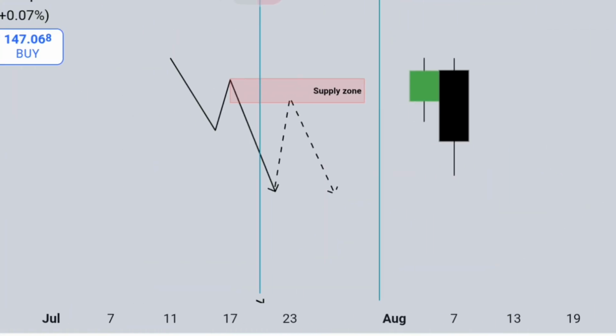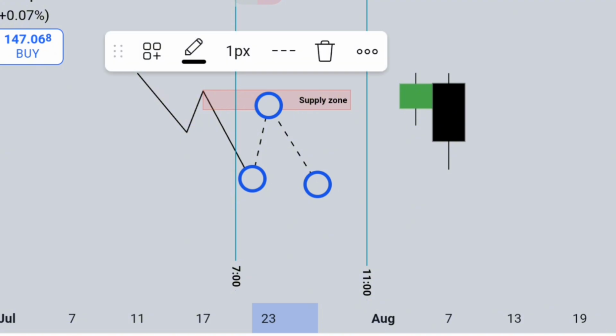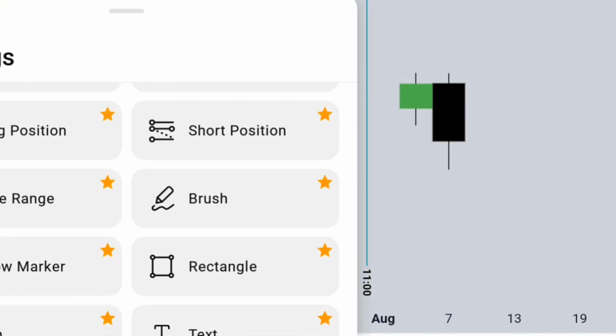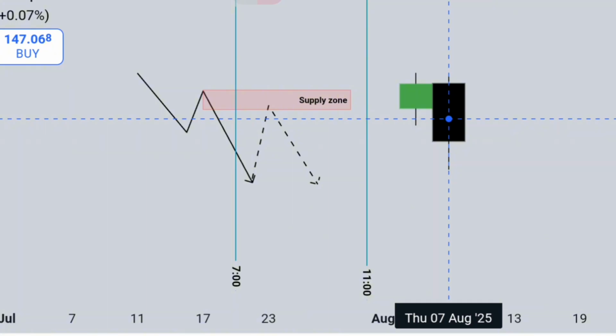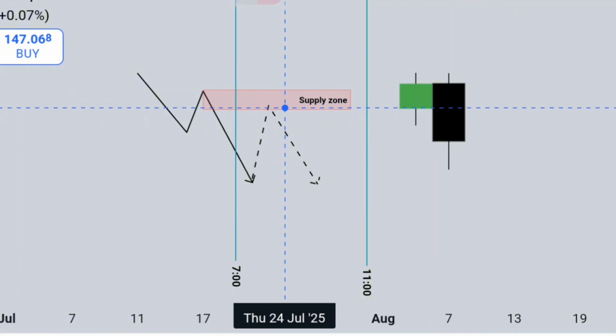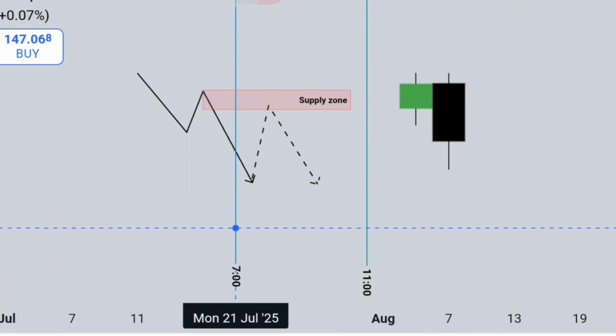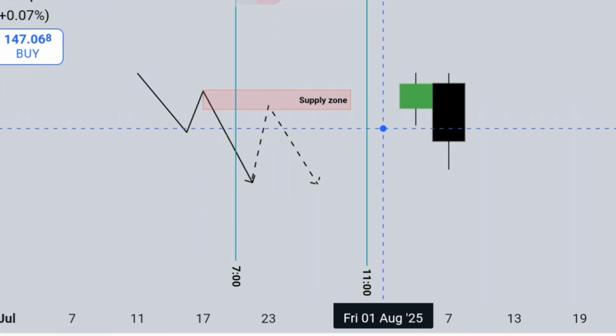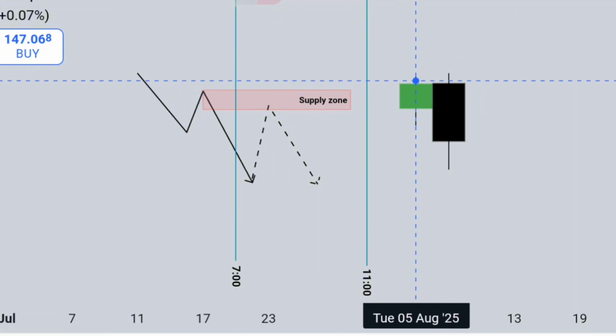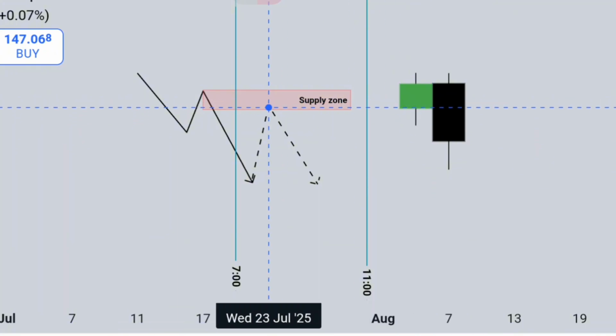All right, guys, I've decided to not delete this because I want to use it in my explanation. As price approaches this zone within this trading window that I've delineated right here, you want to see the first candle that has tapped into the zone.